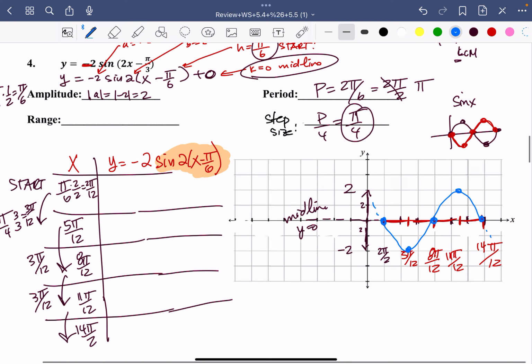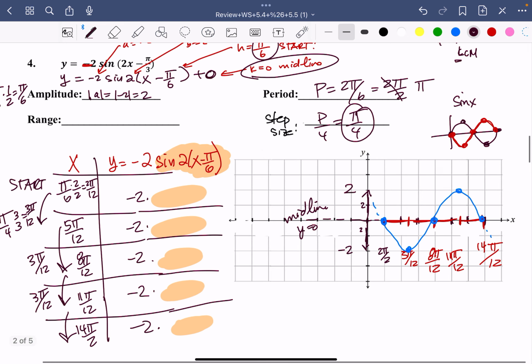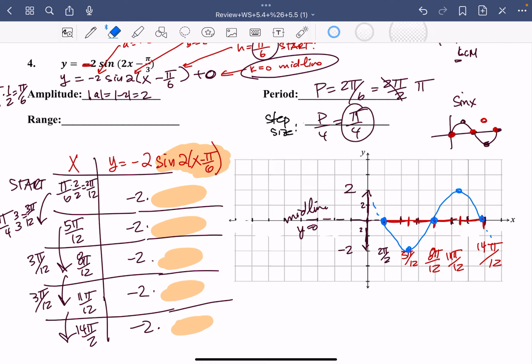Let's make sure those y values are correct. So when I look over here, I see negative 2 times my old sine values, my original sine values. Those are 0, 1, 0, negative 1, and 0.